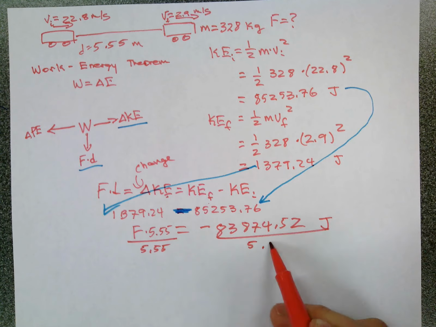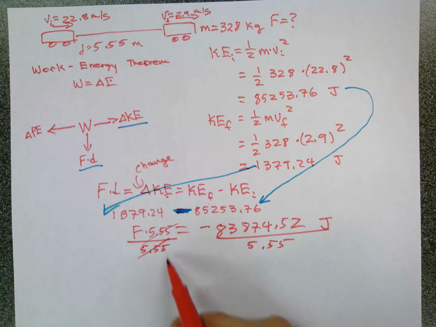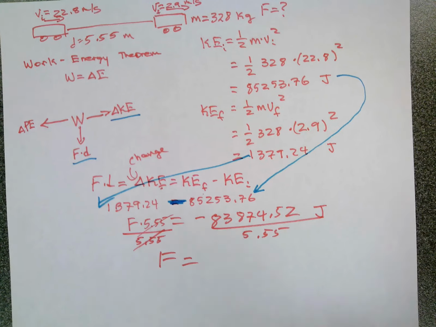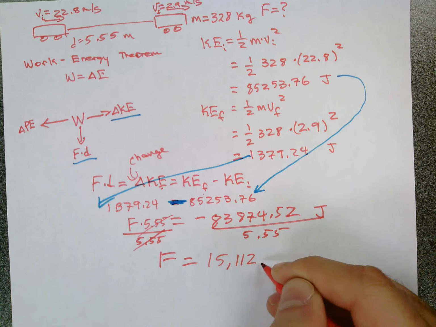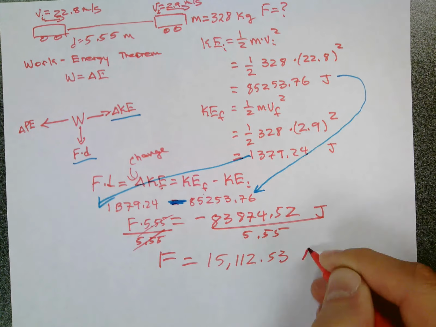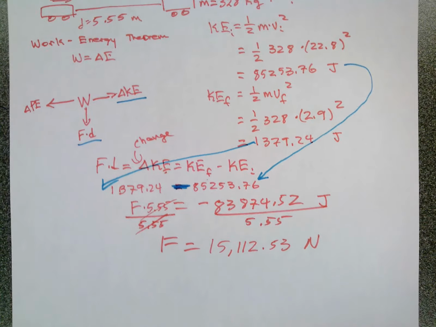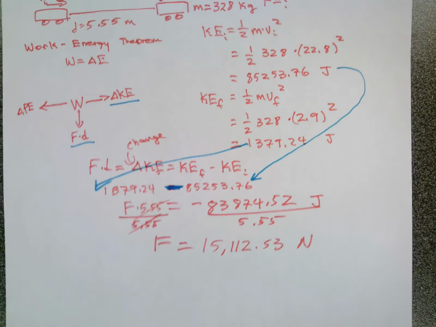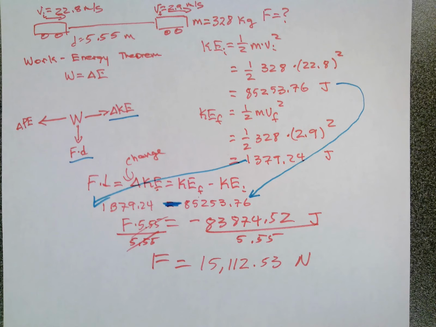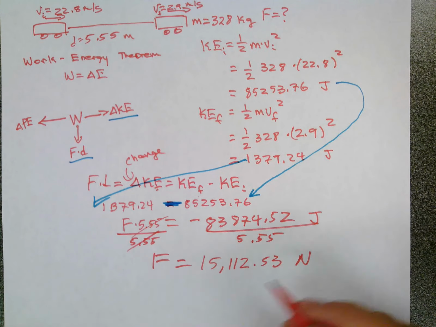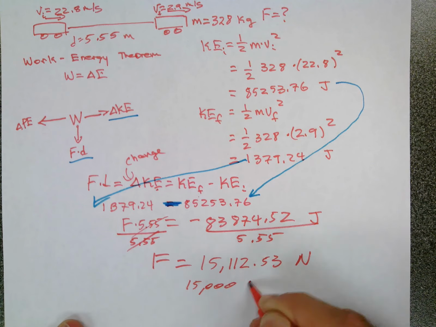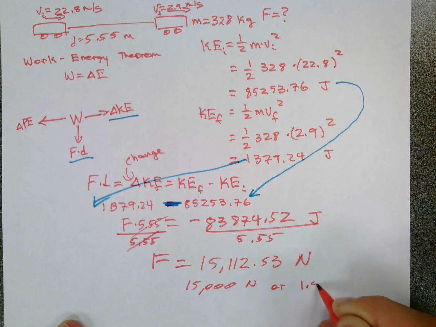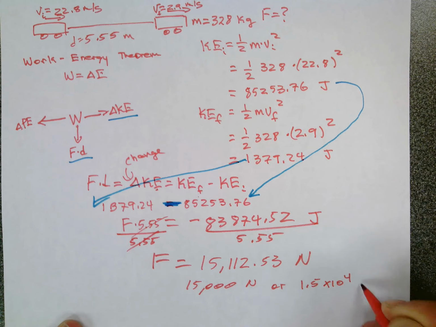You get a final force, or the braking force, equal to 15,112.53 newtons. If you want to round to significant figures, you would round to two significant figures, which would be either 15,000 newtons or 1.5 times 10 to the 4th newtons.